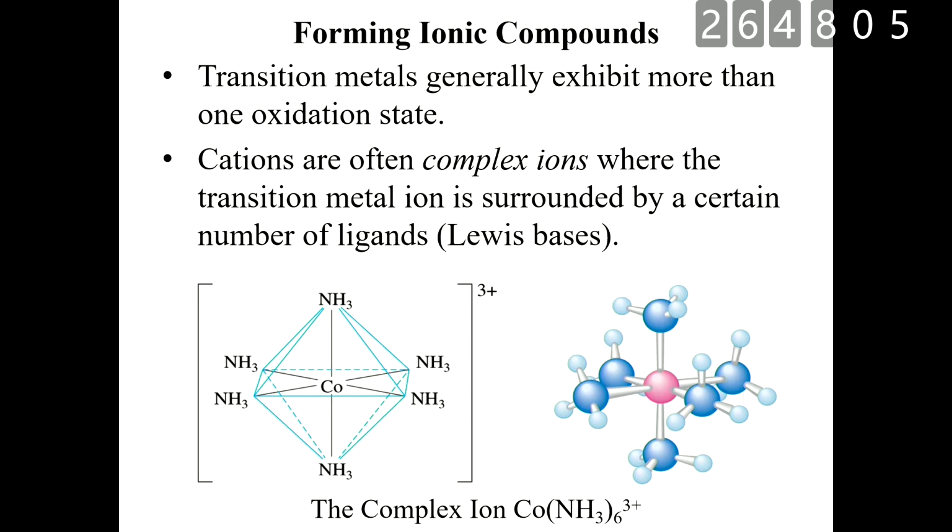So this means they form a complex. Between the metal and the ligand, there are bonds formed. What are the bonds? The bonds are called coordination bonds. We know bonds, right?